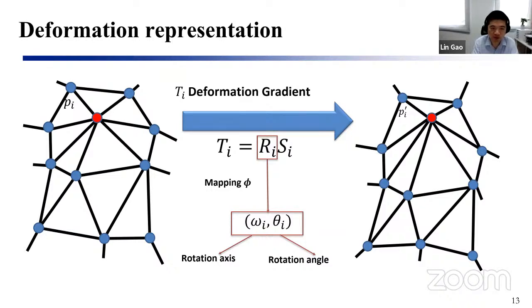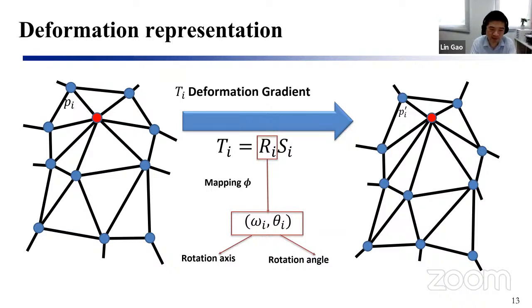And if we look at the deformation gradient T, there are two things inside it. One is rotation, and the other is scaling. So we could use the polar decomposition to decompose these two matrices out. This is all state-of-the-art material from the previous literature.